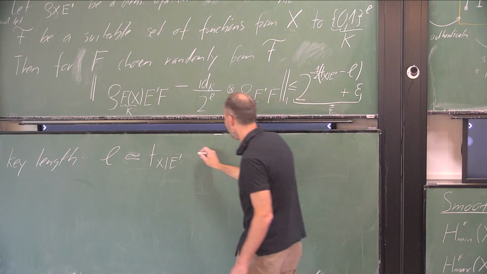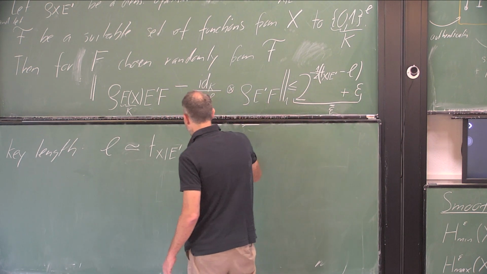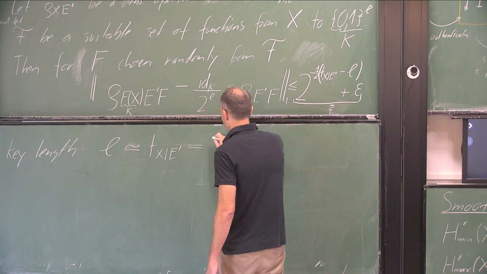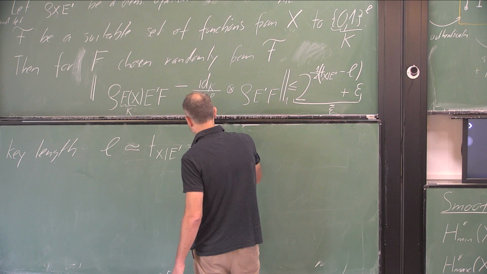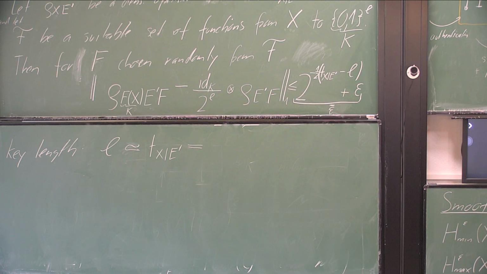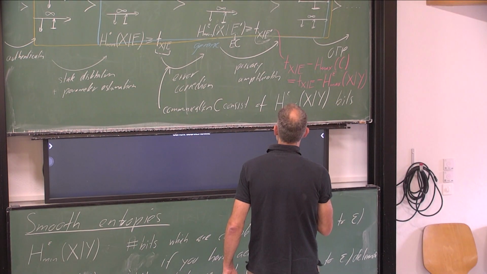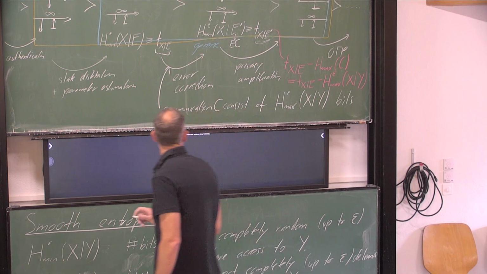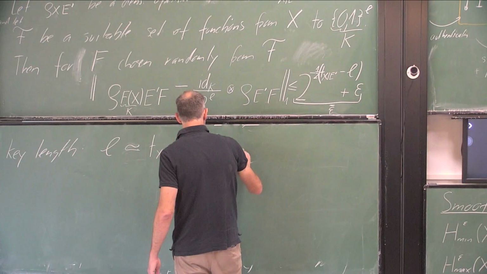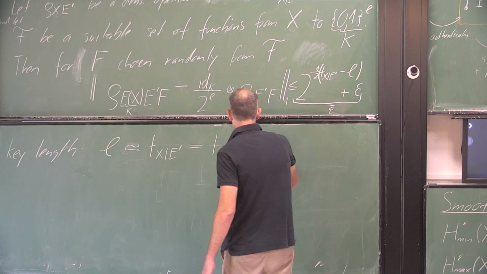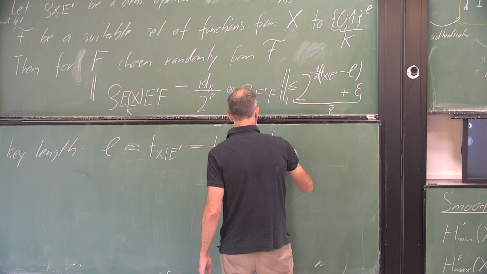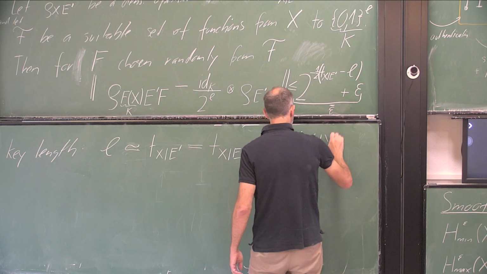But now I also know that the T(X|E') is larger than, and okay, I think we already wrote this here. The red thing. So I can just replace this by T(X|E) minus H_max(X|Y).